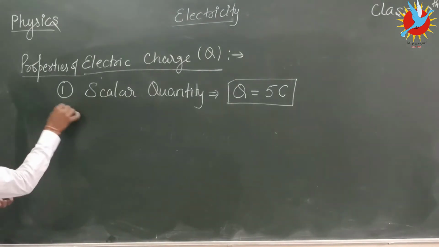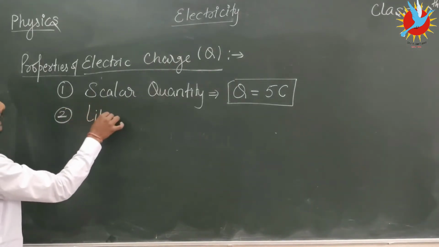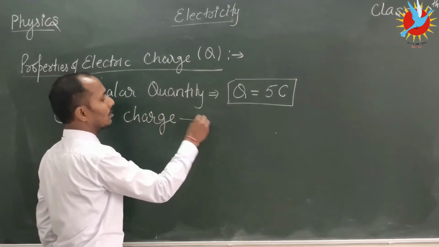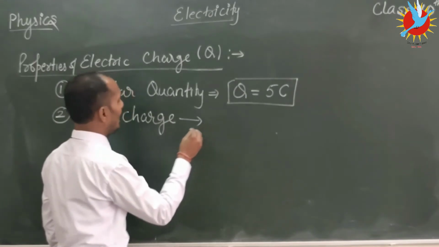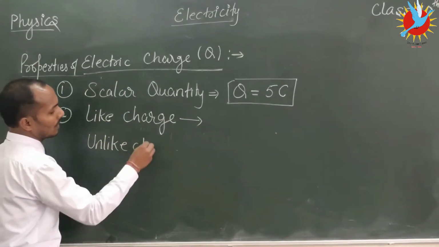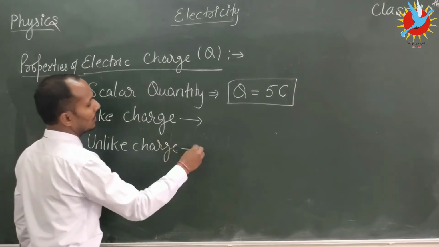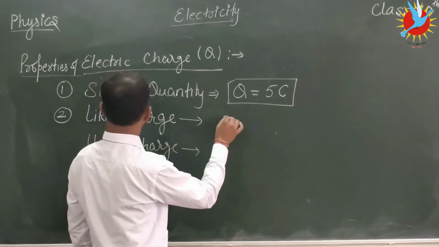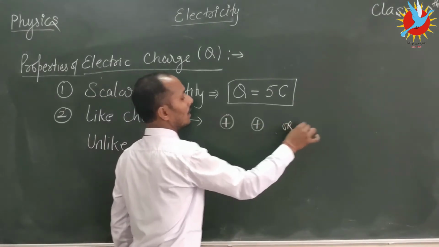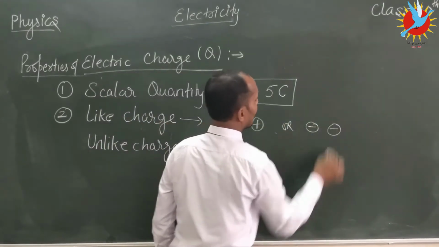Second property: like and unlike charge. Like charge means positive and positive, or negative and negative.